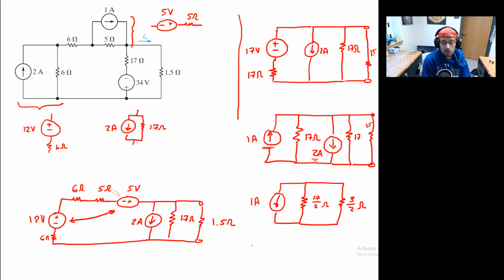And so the current flowing through our 1.5 ohm resistor is the value of the other resistor, so that's 17 halves, divided by the sum of the two resistors, well, that's 10, times the total current, which is just 1.